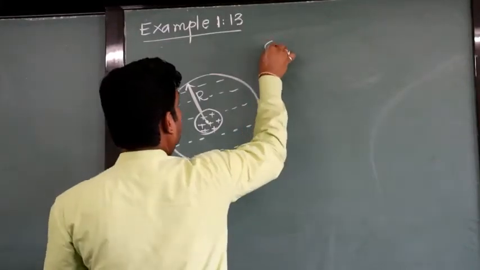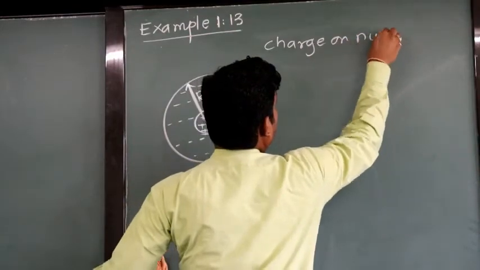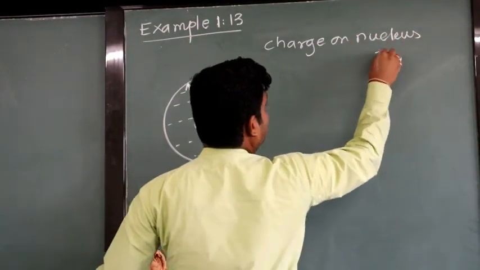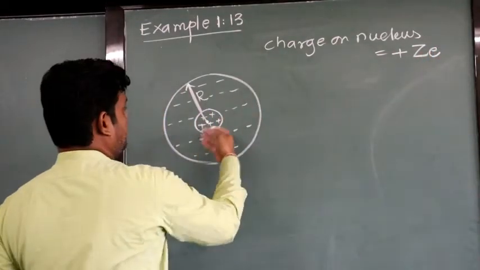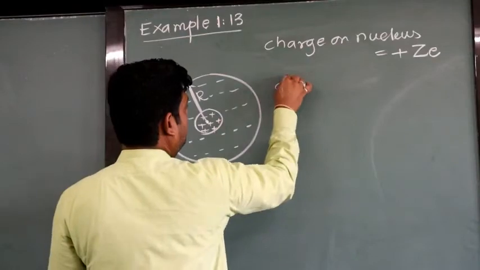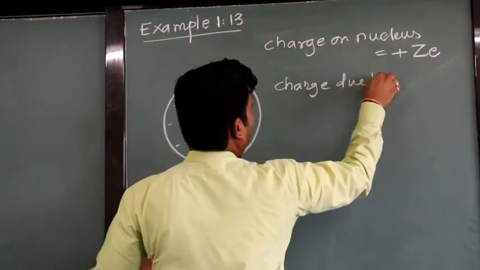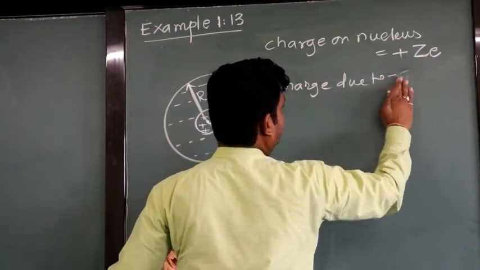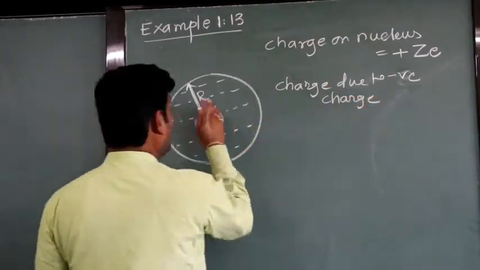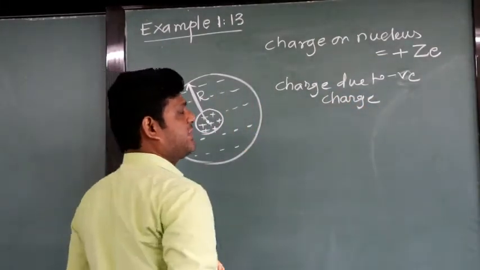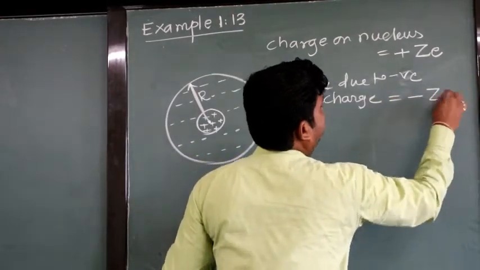Charge on nucleus is equal to plus ZE. And the negative charge due to negative charge particles which are around the nucleus is equal to minus ZE.